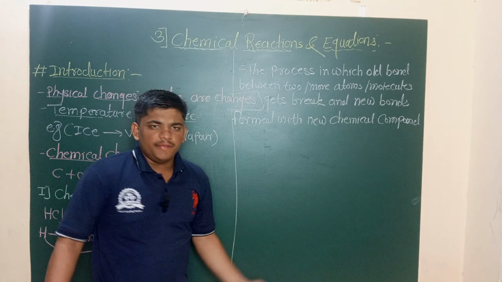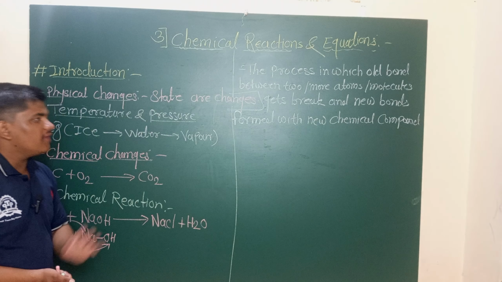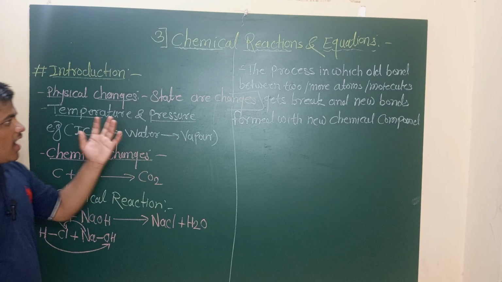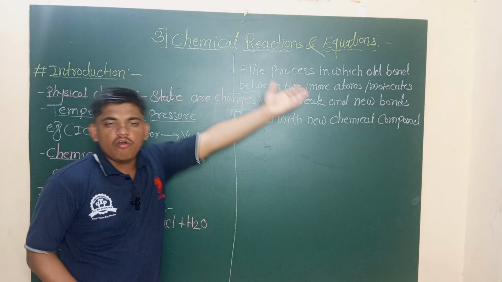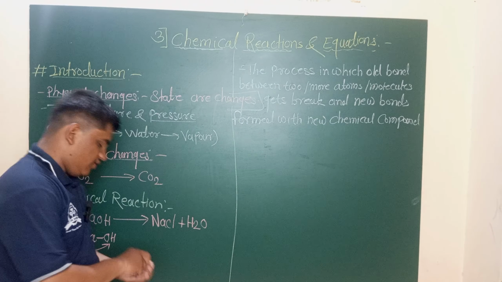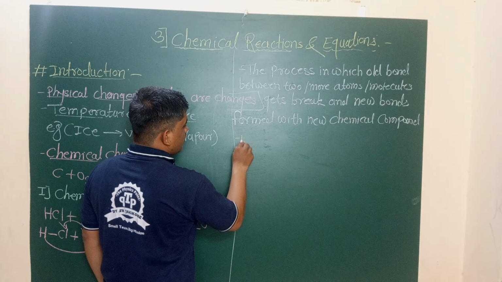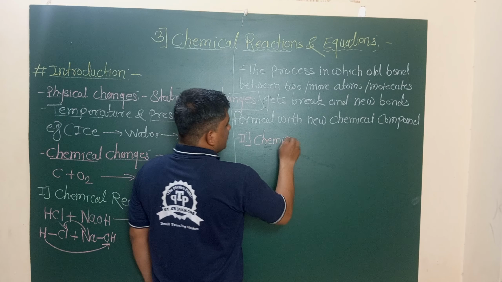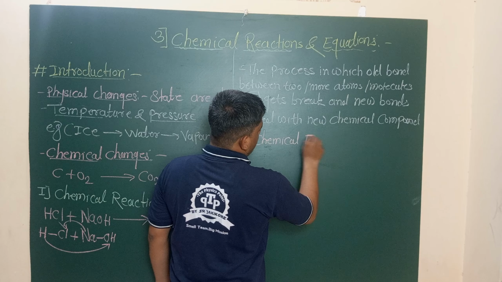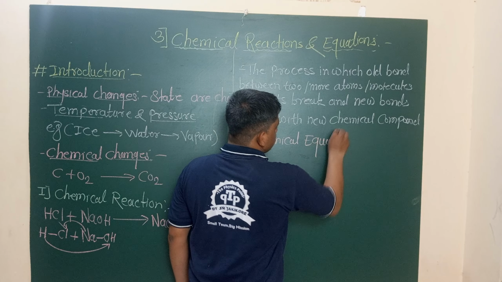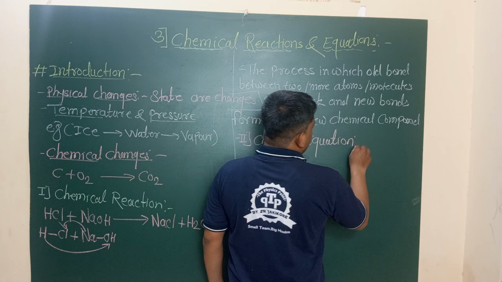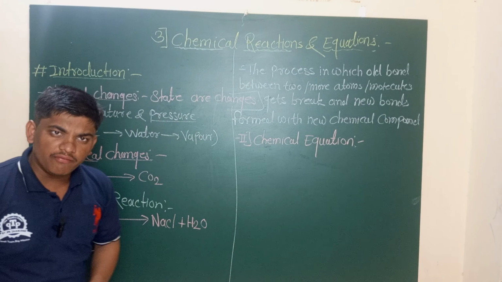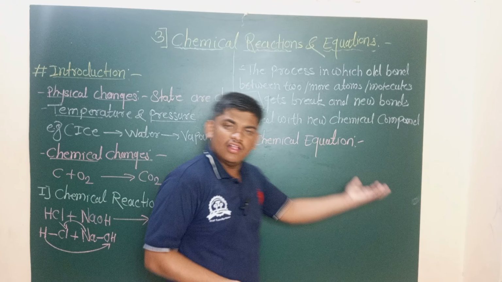These reactions are written in the form of chemical equations. Next point: what are chemical equations? Chemical reactions are written in the form of equations. This is known as chemical equations.